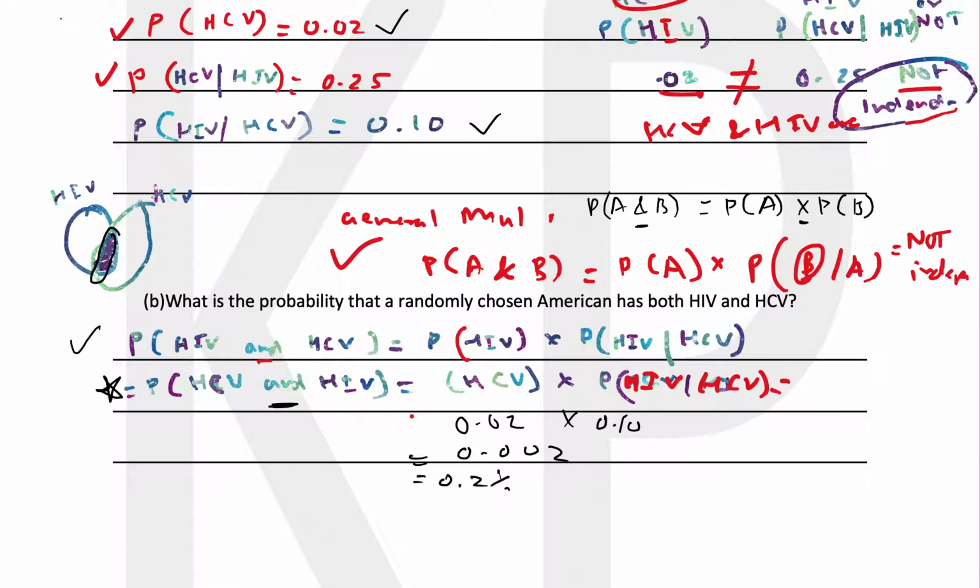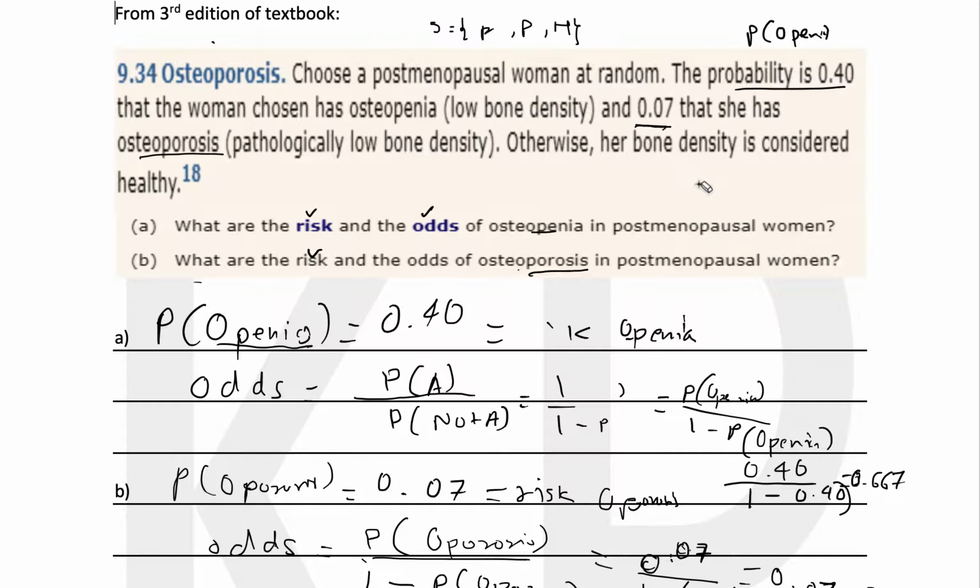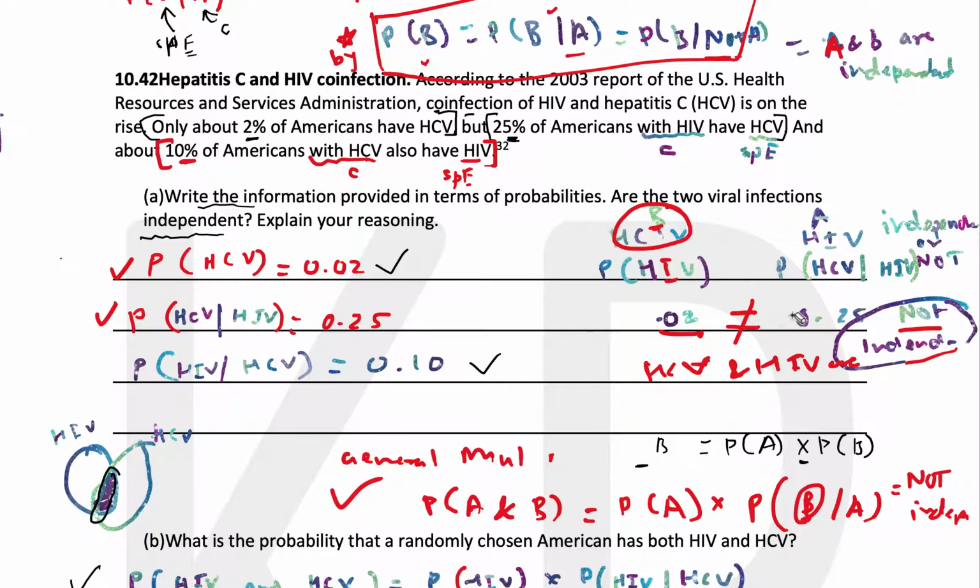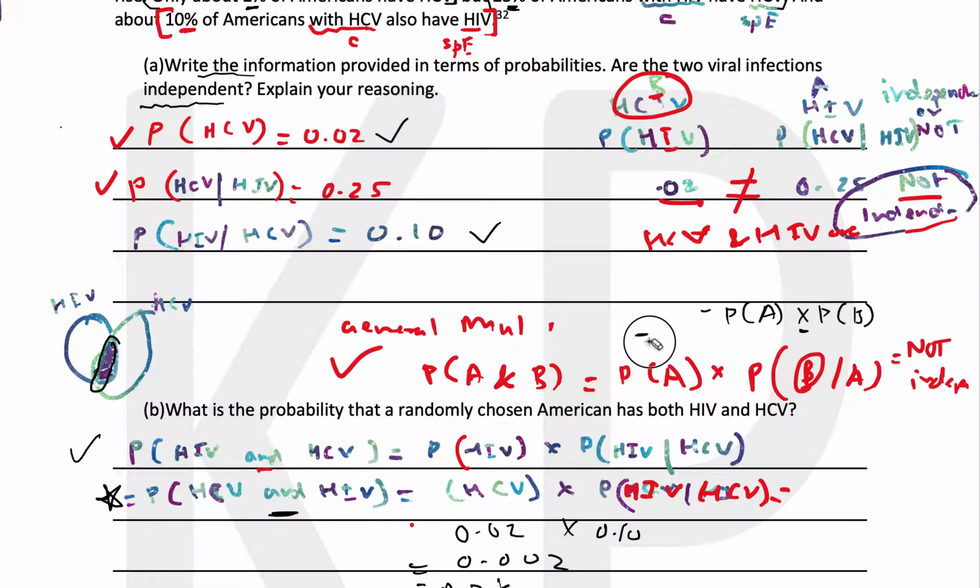But for this question we already proved that these are not independent, so we are going to use this particular rule. So just write it that way.